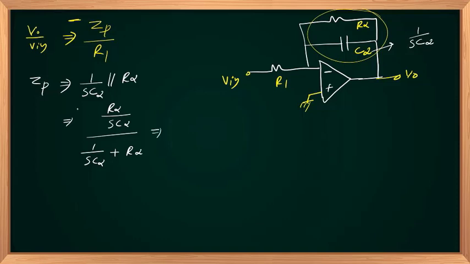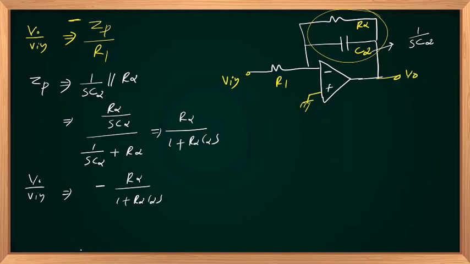So this will have a negative sign. Taking the LCM, R2 on the numerator divided by 1 plus R2 C2 S. So my V out by V in will become minus of R2 by 1 plus R2 C2 S, multiplied by R1 in the denominator.